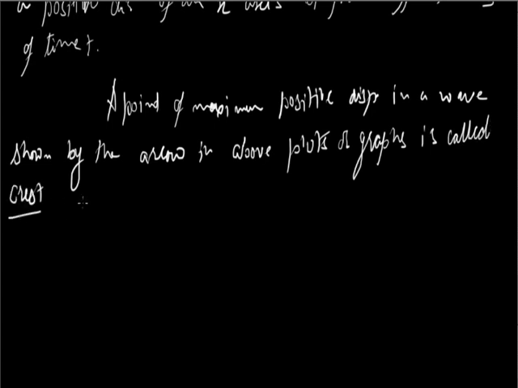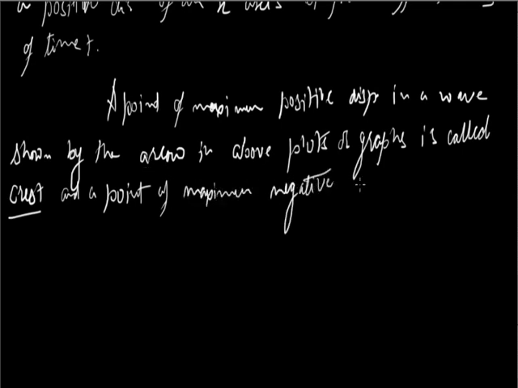You can underline this. And the point of maximum negative displacement is called a trough.